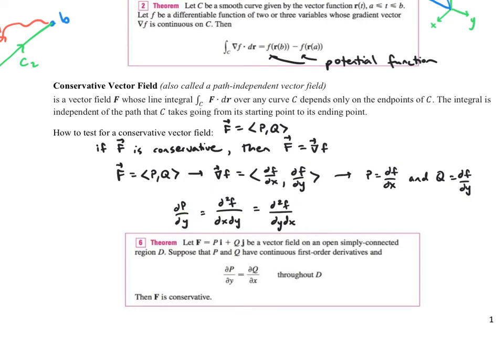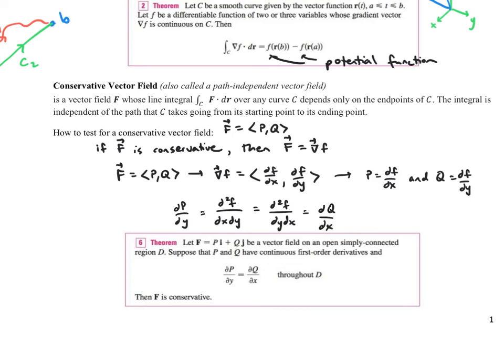And over on the right side, if we were to take q and take the derivative with respect to x, then we will get the second derivative of f with respect to y first and then x, and we get the derivative of q with respect to x.